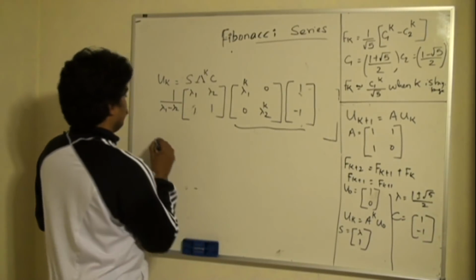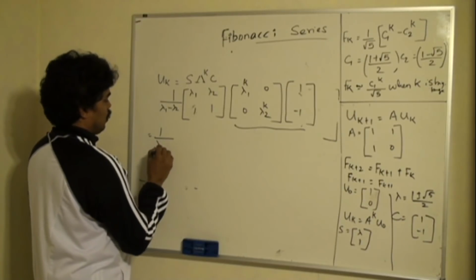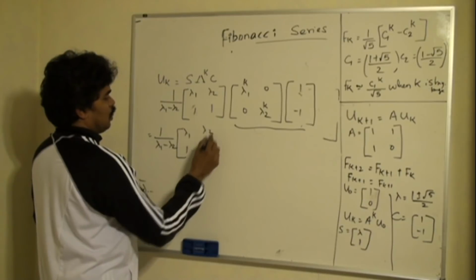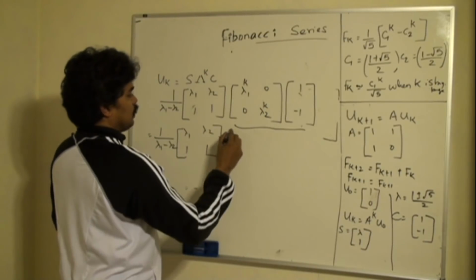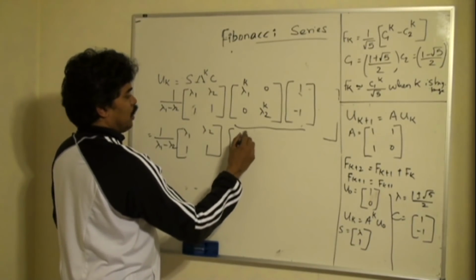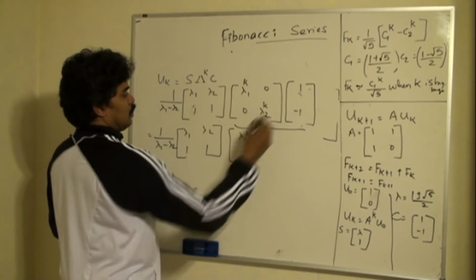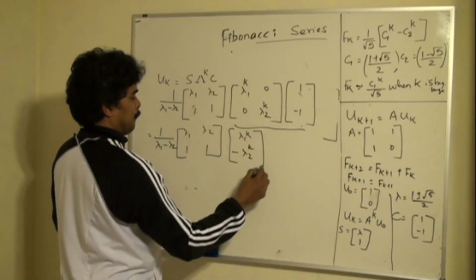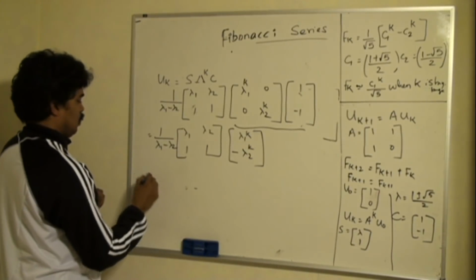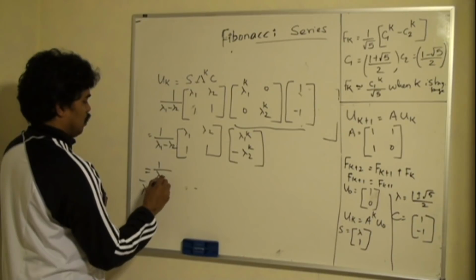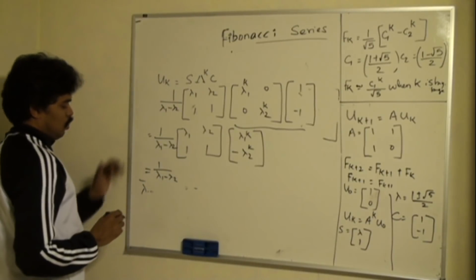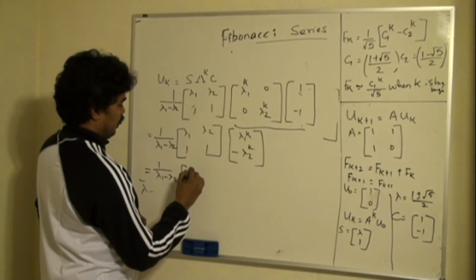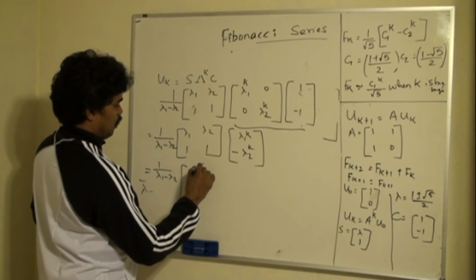Multiplying this out gives lambda 1 to the power k minus lambda 2 to the power k, right? Then take the 1 by lambda 1 minus lambda 2 and do this multiplication.